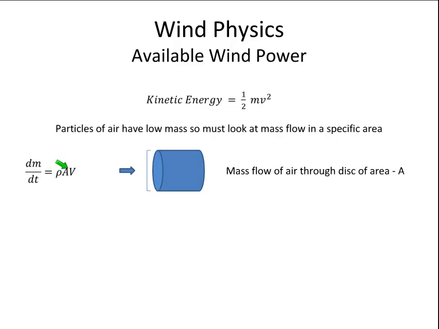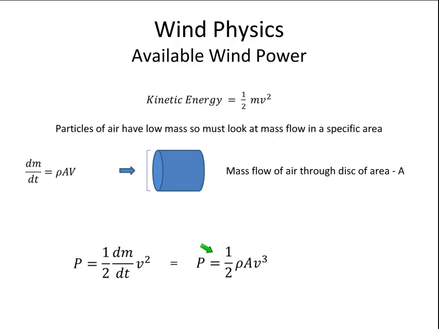That's the pretty simple part of the equation. Then we simply add that part of the equation in for replacing m, so we change our equation by putting in the density of air, the swept area times velocity, for m. Then we come up with the equation down here: the power in the wind, or the kinetic energy, is equal to 1/2 times the density of air times the swept area times the velocity cubed.